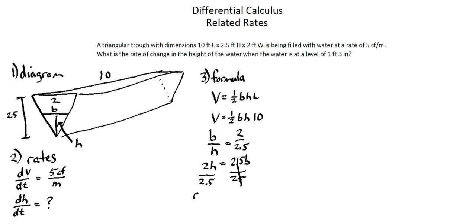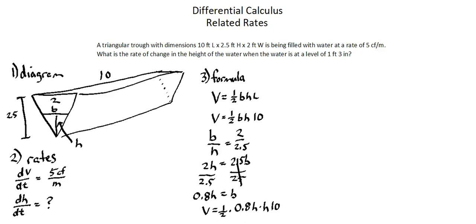And now I have the value 0.8h equals base. And I can substitute this into the equation. Volume equals 1/2 times base becomes 0.8 height times height times 10.